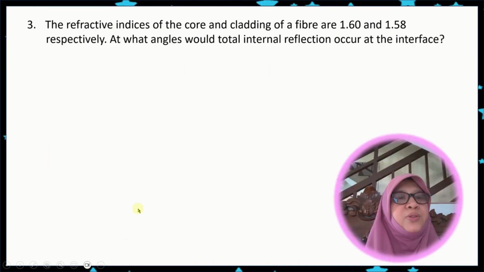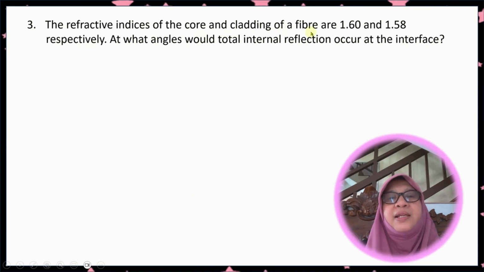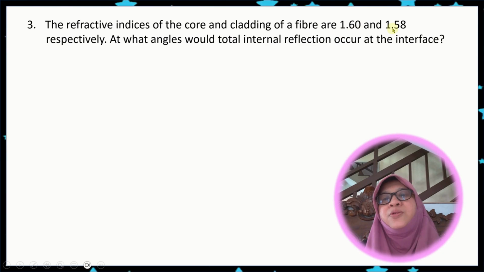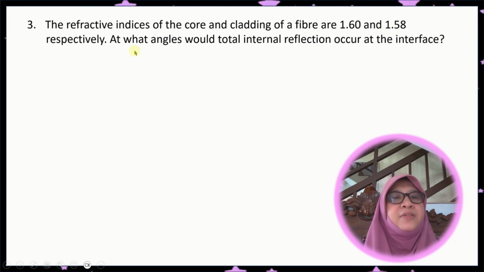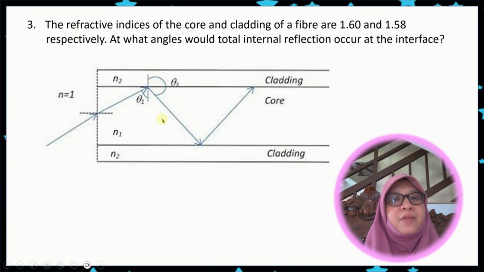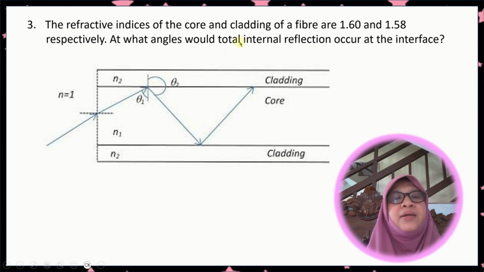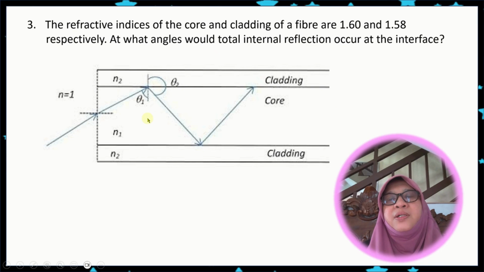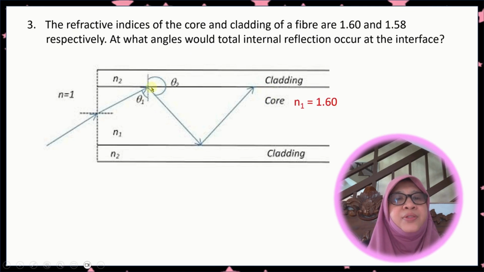Okay, next we go to question 3. The refractive indices of the core and cladding of a fiber are 1.60 and 1.58 respectively. At what angles would total internal reflection occur at the interface? So we are going to find the angles at which total internal reflection occurs at the core-cladding interface.